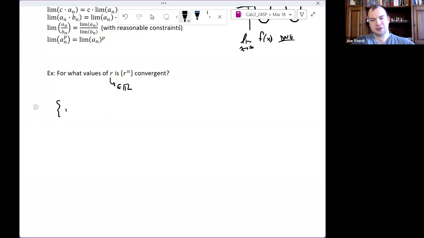So what does the sequence r to the n, n equals 1 to infinity, look like? It looks like r to the 1 or r squared, r cubed, and so on. So I get each next output by multiplying the previous output by r.